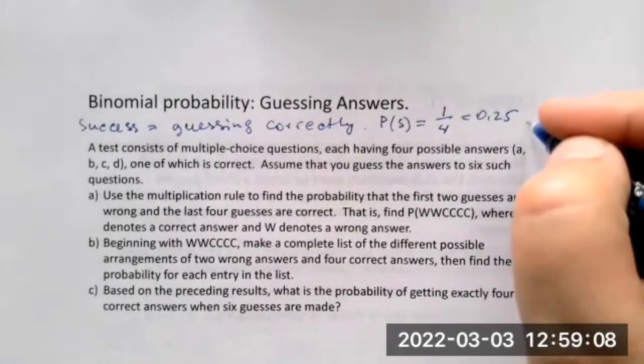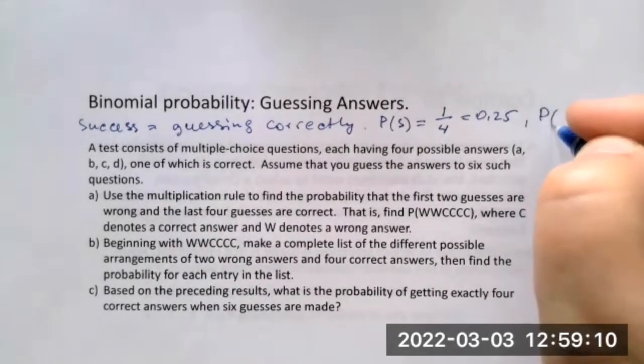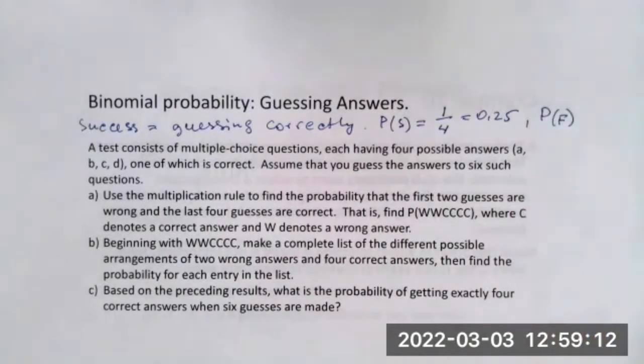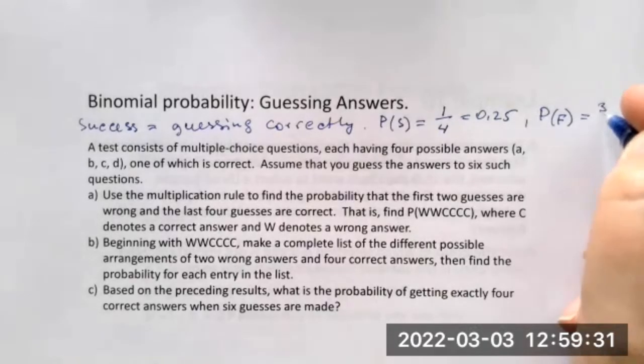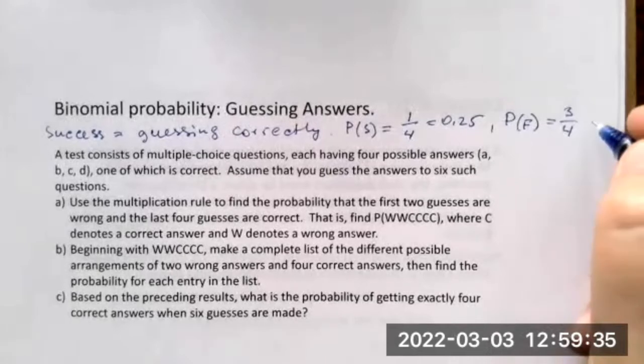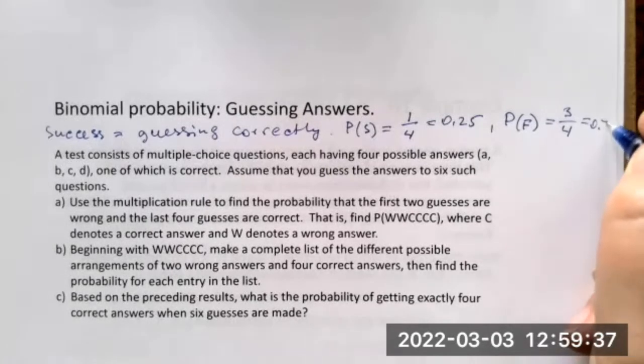What's the probability of failure? Well, first of all, if there are only two possible outcomes, that means they're complements of each other, right? So we could figure out the probability of failure in two different ways. Literally just count the possible wrong answers, like 3 out of 4, and that will give us 0.75.